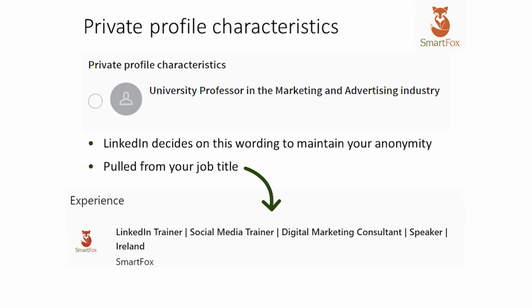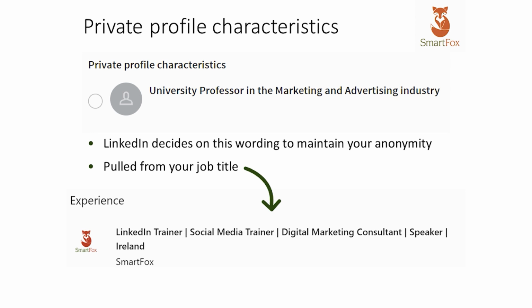If we look at the second option, the private profile characteristics, university professor in the marketing and advertising industry, LinkedIn has decided on this wording to maintain your anonymity. And people ask me, well, how come you're a university professor? I have no say or influence on this, because LinkedIn has decided that wording.